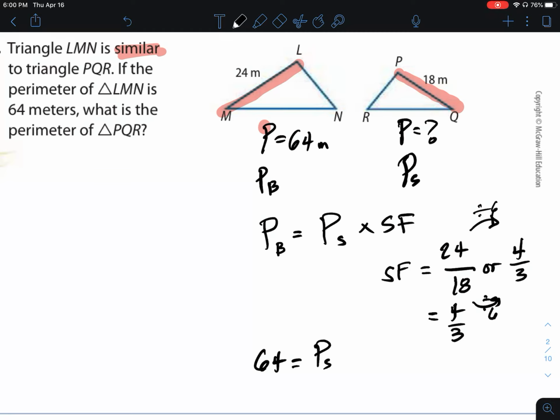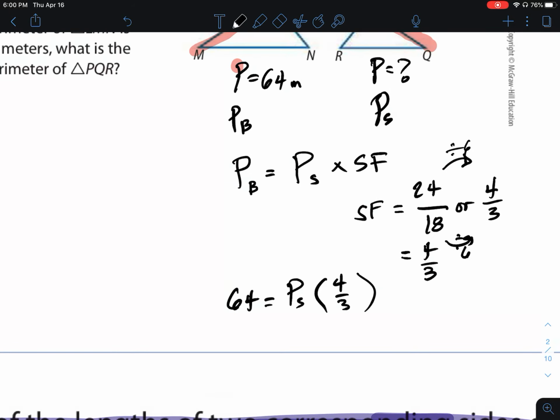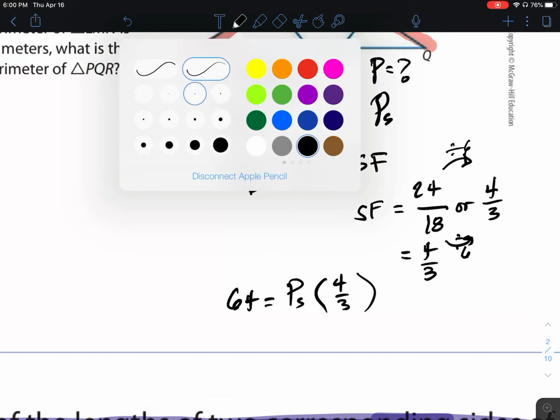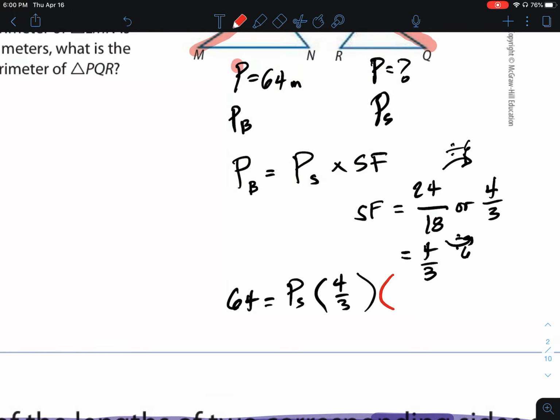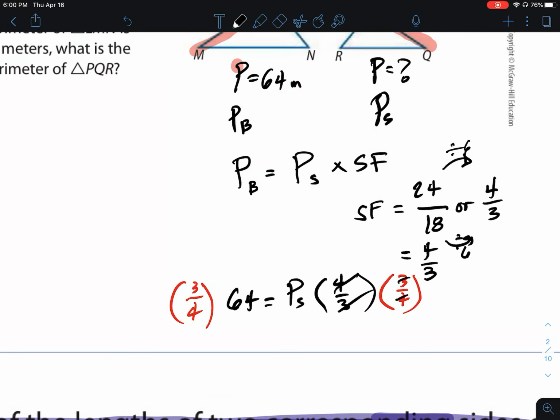We know what the scale factor is, which is 4 over 3. And this is a one-step equation. To be able to solve for the perimeter of the small triangle, we simply multiply both sides by the reciprocal, which is 3/4, the reciprocal of 4 over 3. And we cross cancel. This one becomes 1.